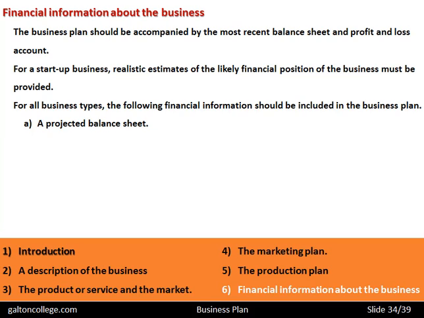What will reasonable sales look like? What will reasonable costs look like? And therefore reasonable profits can be estimated. A cash flow forecast over the next 12 months. Again, looking into the future, but it's not too bad because it's just a 12-month period.